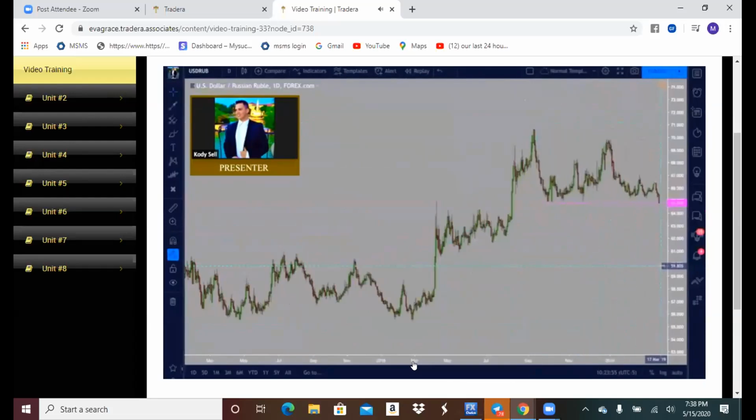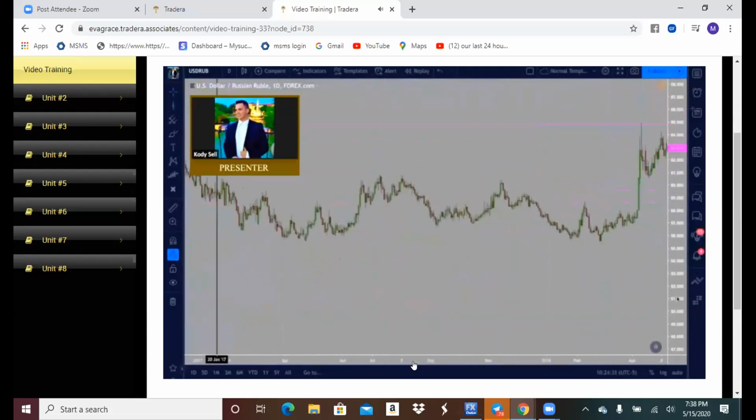All right, so here we are on the US dollar Russian ruble on the daily time frame, and we're going to go ahead and drop a vertical line over here and just work our way from the left to the right, identifying the trend lines in the market, seeing what they actually look like in the market, and getting into some of the details about how to specifically connect different peaks and valleys to get the most accurate trend line possible for your trading, which will become very important in later lessons and in your overall independent trading. So let's zoom in over here on the left-hand side.